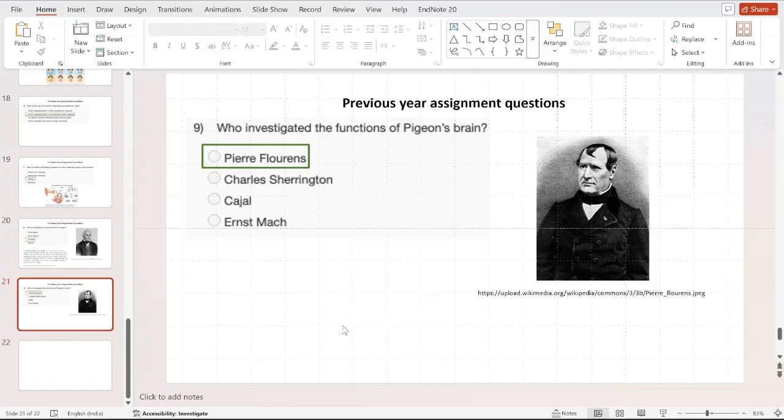Pierre Flourens used pigeon brains to try to understand the role of different regions of the pigeon's brain on different aspects, for example learning and memory, and balance.